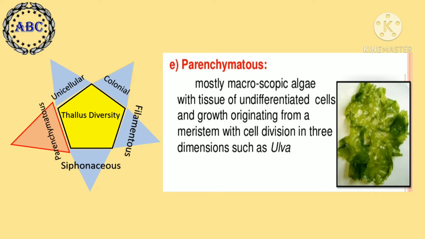And the last type is the parenchymatous form. In this type, the flat foliose or tubular thalli are formed by the division of cells in two or more planes.